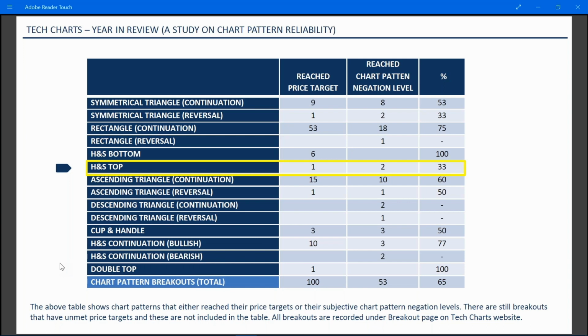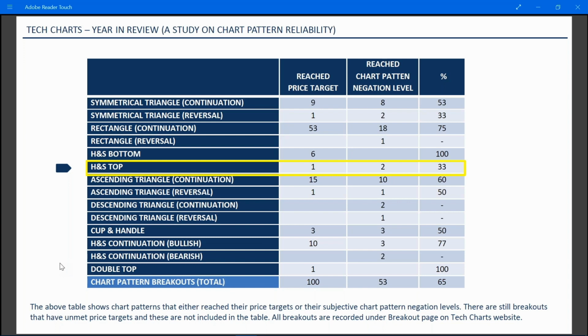For example, I always stress the importance of chart pattern breakouts from horizontal boundaries. You will see in this table that so far, with the sample size that we have collected, the horizontal breakouts have performed better. So rectangles that are in an uptrend that acted as a continuation chart pattern have performed well.